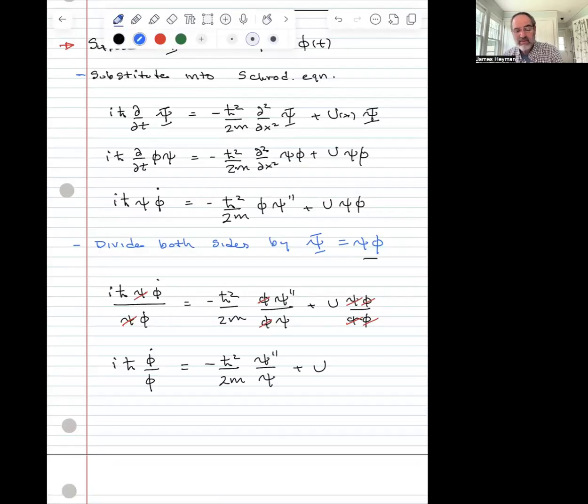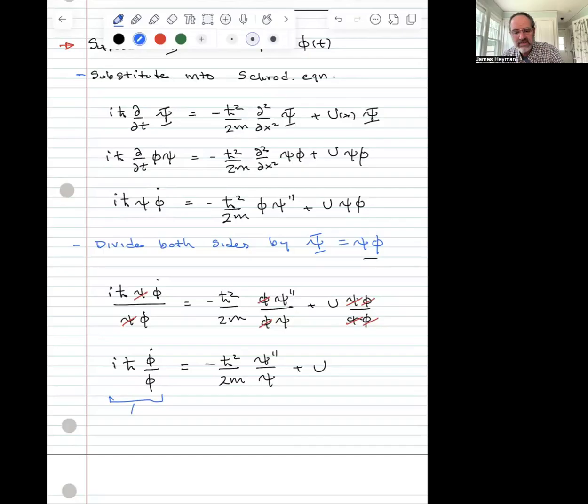Well, that was a little bit of work. It's not clear that we've really done anything, but when we take a look, you'll see there's something really important. If you look at the left-hand side of the equation, you'll see that it only depends on t.